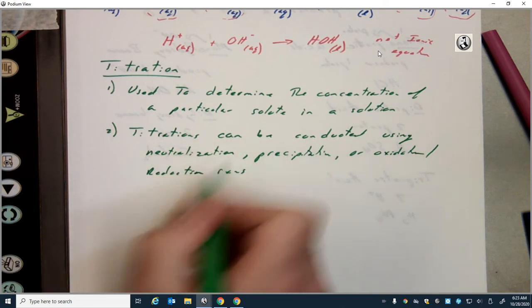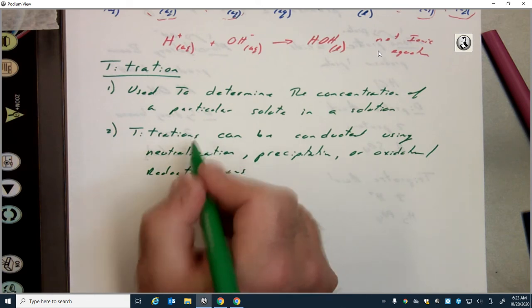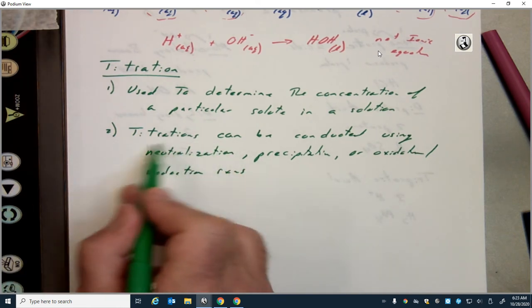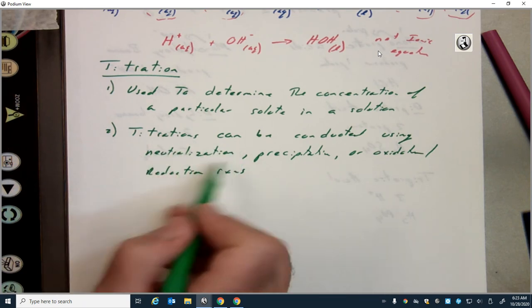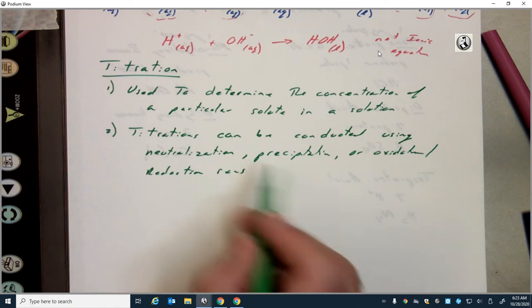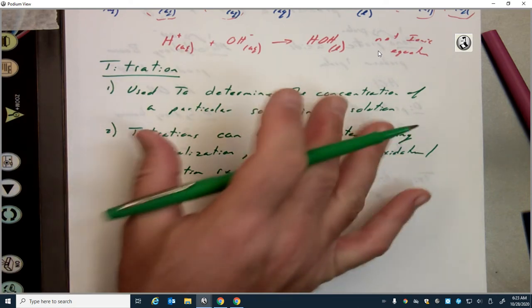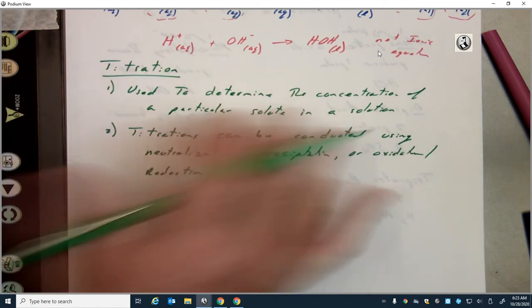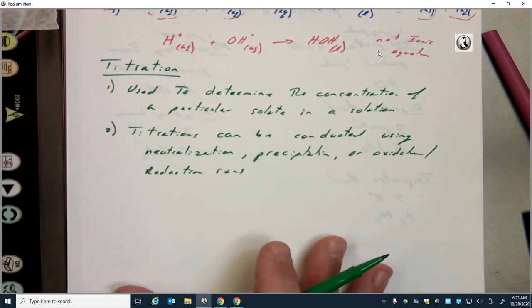Okay, so we can use any of these three types of reactions in a titration, right? Like I said before, probably neutralization is the only one that you use in your regular chemistry class, okay? But we can use all of these. Now, we're not going to really be doing a lab with titration right now. We'll definitely do one when we do the acids and base unit.